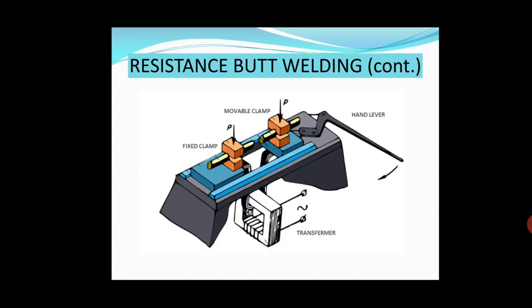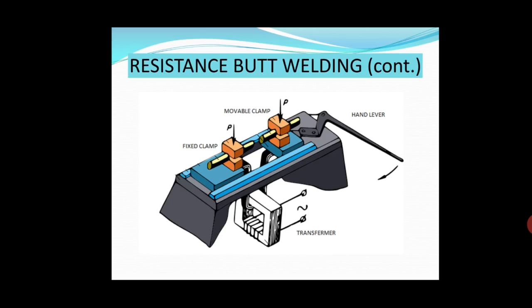In case of spot welding, the clamps are kept one above the other so that the ends have some overlapping portion. Here the stands or clamps are kept on a horizontal level. One is a fixed clamp. In case of spot joint also, one was fixed, the other one was movable.